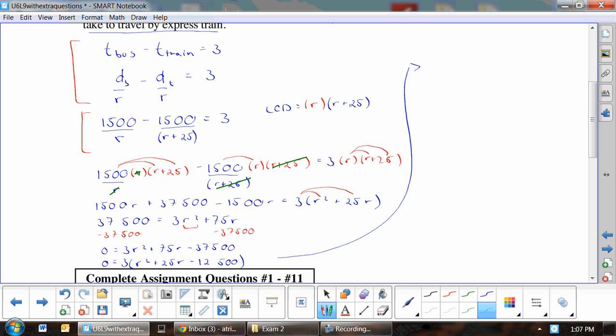So you could graph it, or use the quadratic formula. Okay, so if you graph it, we do find that our two factors are r plus 125 and r minus 100.